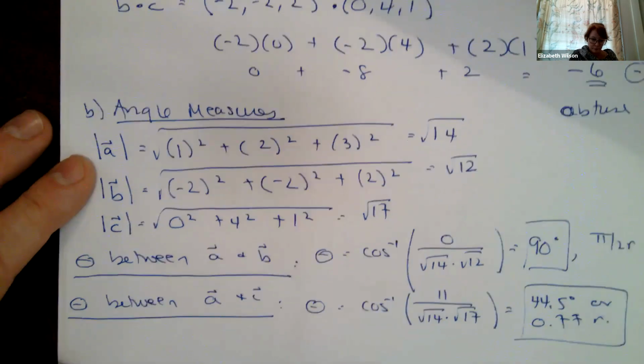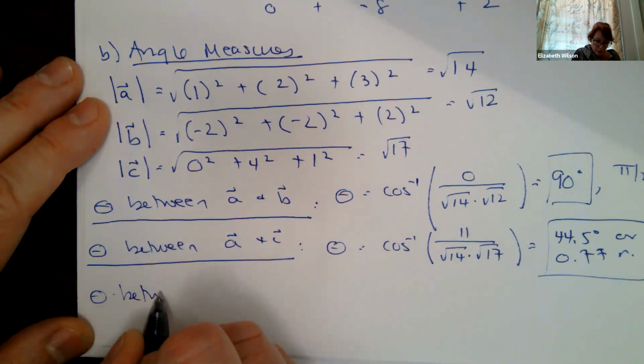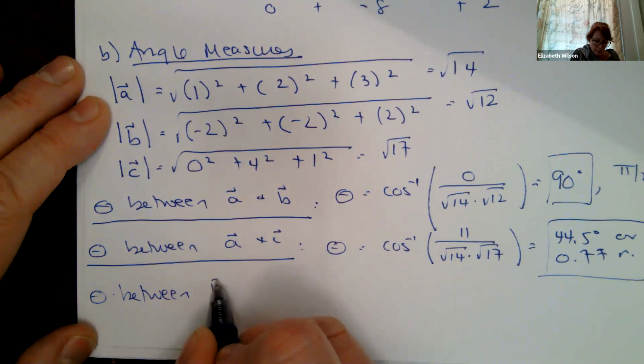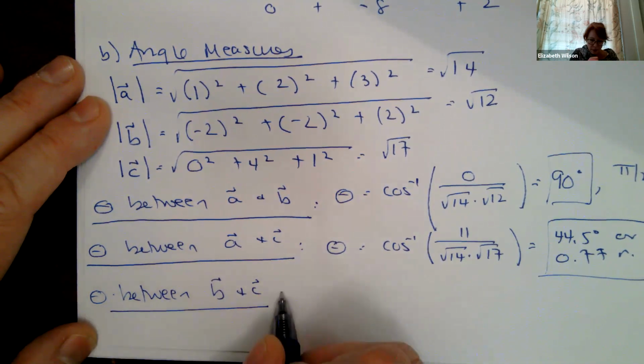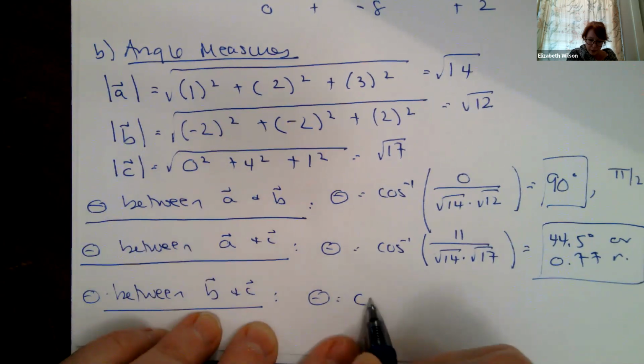And the last one, my theta between B and C. Theta equals the inverse cosine.